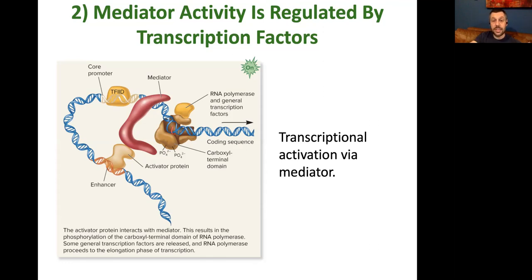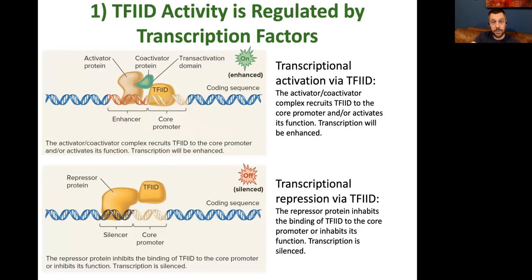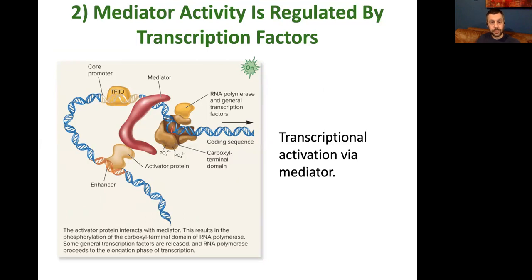Again, conceptually, some of the names of the proteins are different, but it's just the same as this. Activating transcription factors are helping form this complex that is going to transcribe a gene.